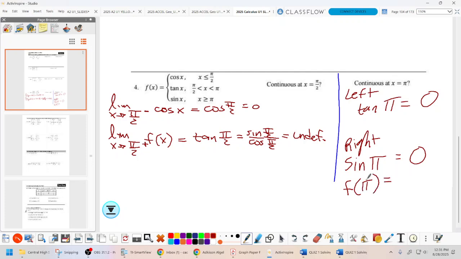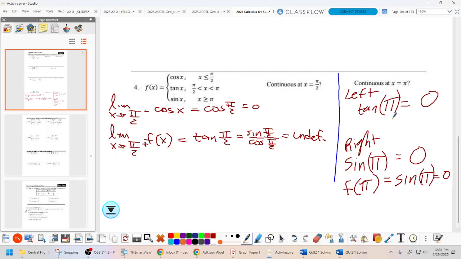Which of these three pieces does pi go in for the actual function value? Is it tangent or sine? It's the sine, right? It's the or equal to piece. So f of pi is sine of pi, which equals 0.